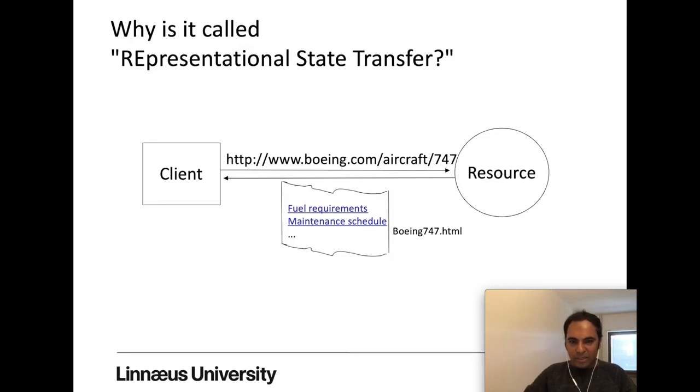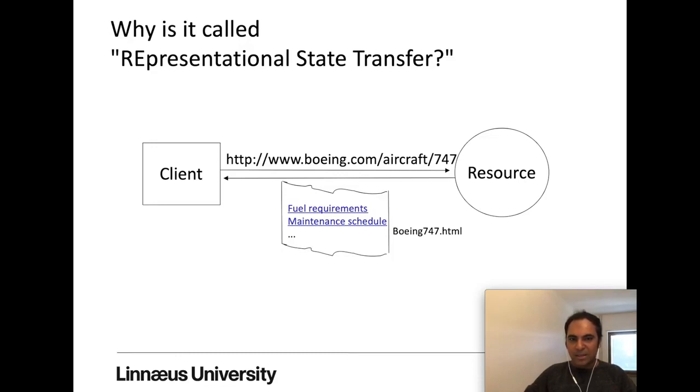In this document, let's say fuel requirements is a link or a hyperlink, maintenance schedule is a link. There might be multiple other links provided as part of the response to the request that was sent by the client. So the client can follow these links to move on further. In other words, in REST, this is called state transition.